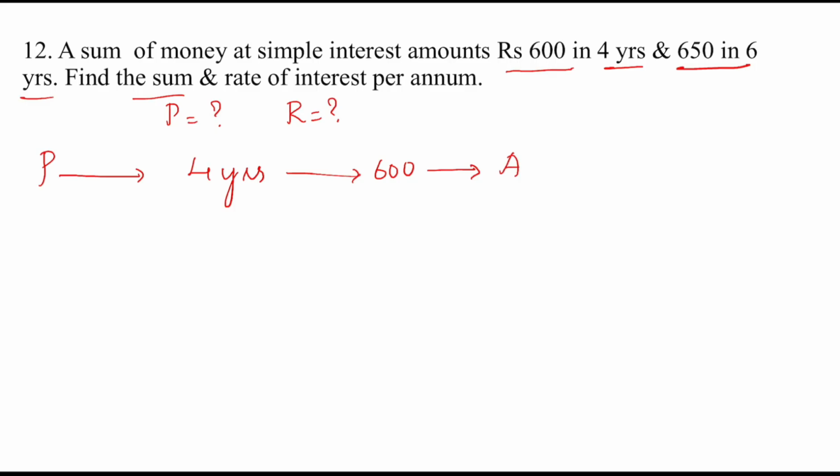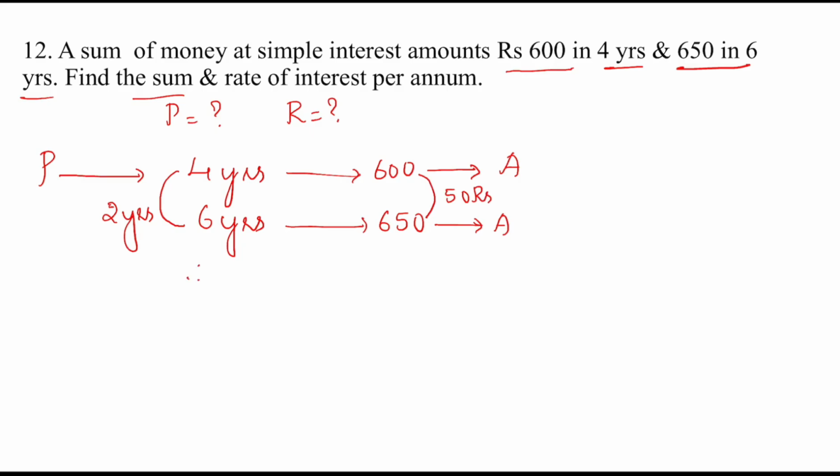And when it was invested for 6 years, the amount we were getting was 650 rupees. So the difference between both the years is how much? 2 years. And the difference in amount is how much? 50 rupees. So I can equate: for 2 years it is 50 rupees.